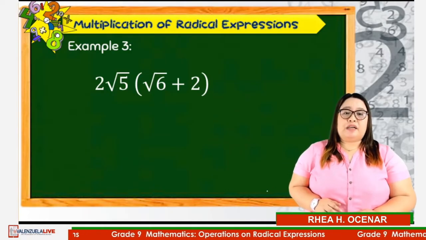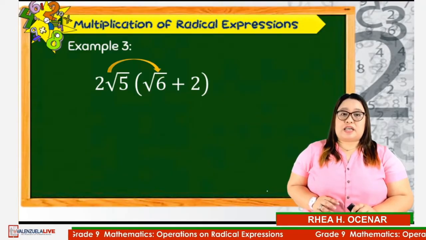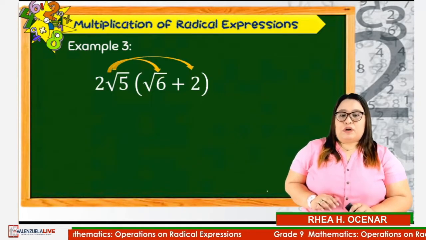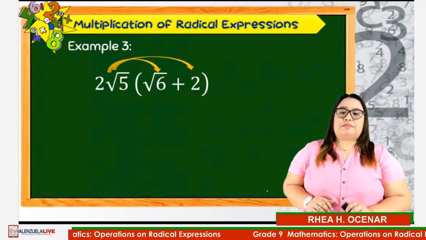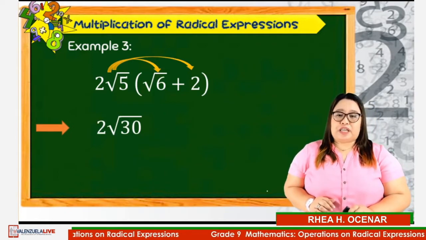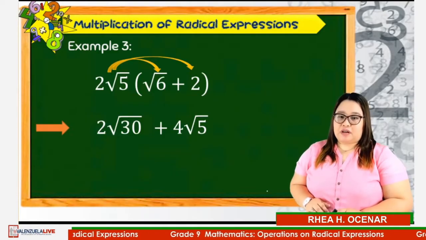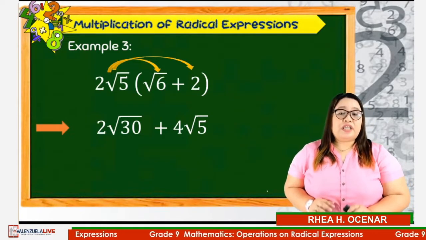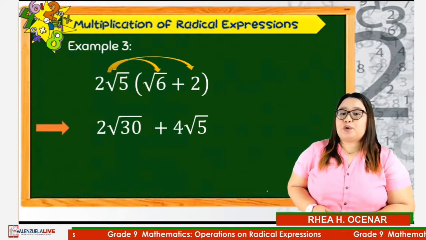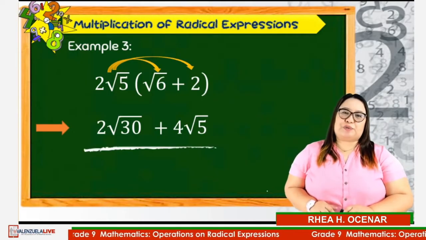We multiply 2 square root of 5 to square root of 6 and 2 square root of 5 to 2, and we have 2 square root of 30 plus 4 square root of 5. Since both 30 and 5 do not have a perfect square factor, it will be the final answer.